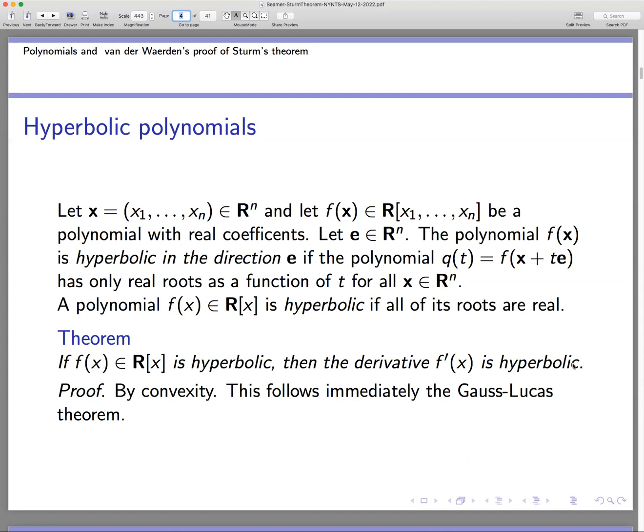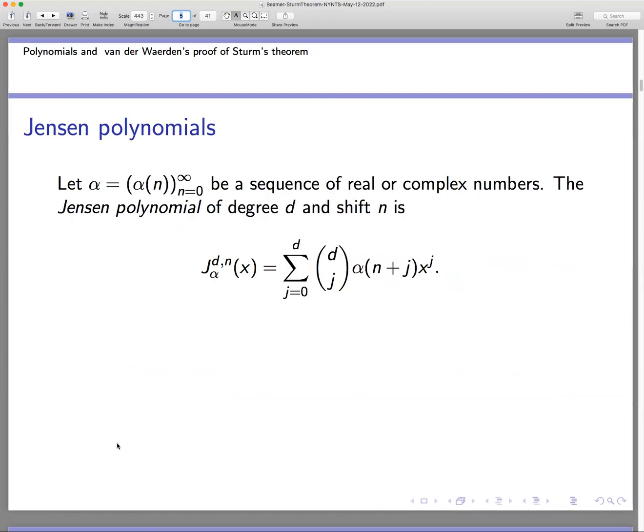Now, if your polynomial to begin with only has real roots, then the convex hull is just an interval in the real line, and that contains all roots of the derivative. So all roots of the derivative are real. So for a hyperbolic polynomial, all of its derivatives are hyperbolic, which is just a curious application of convexity.